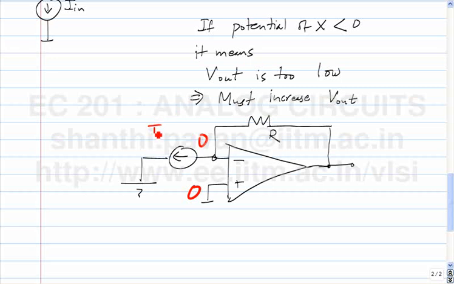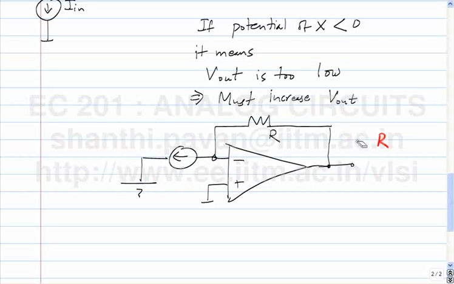So if In is being sucked out of this node, it must flow through R, which means that the output voltage must be In times R. Why is it In times R? The drop across the resistor is In times R. The left end of the resistor is sitting at 0. So the potential at the right end of the resistor must be In times R.